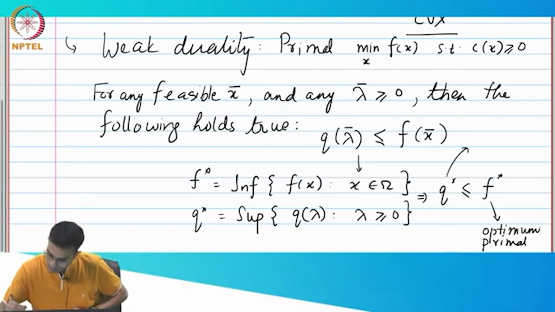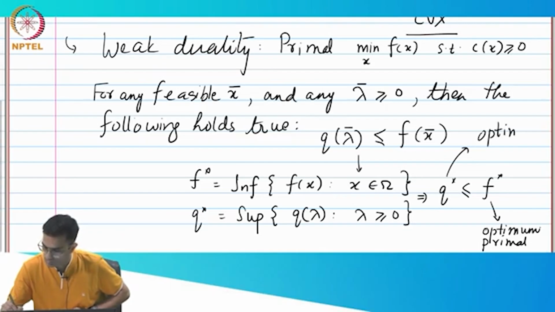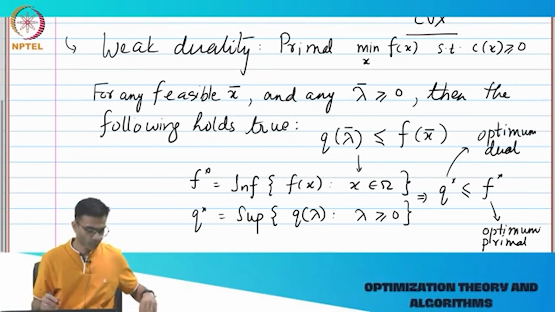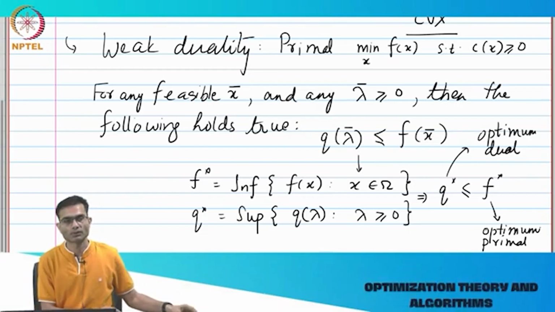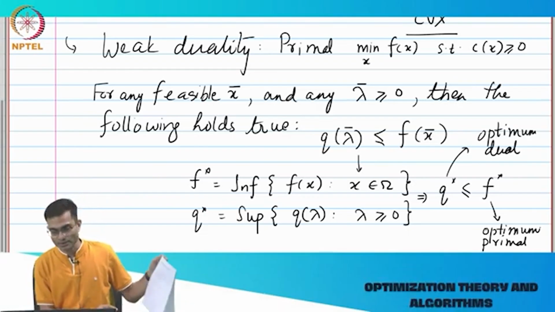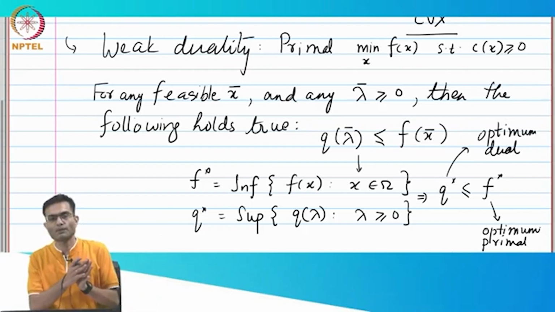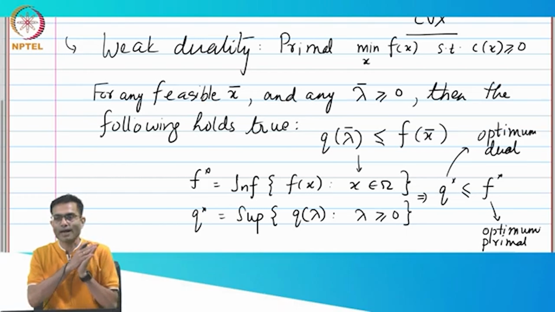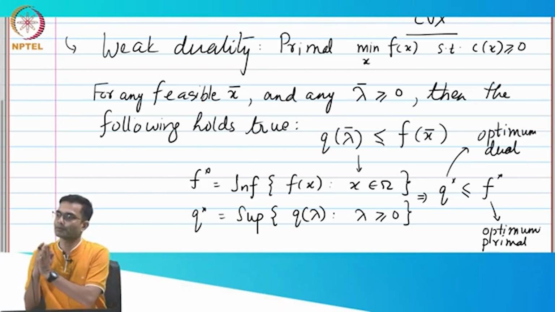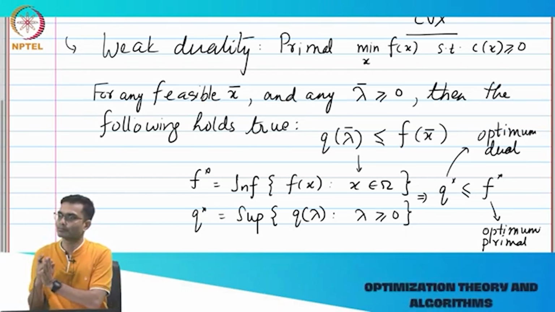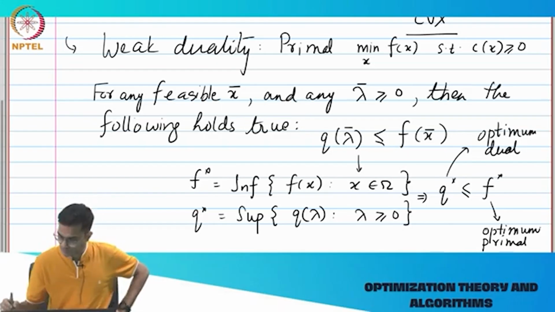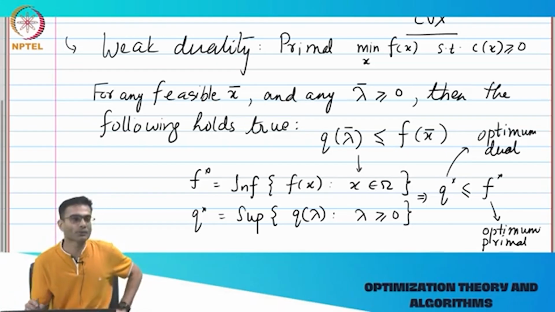It is the optimum of the dual problem. So there is an inequality here: the optimum of the dual problem can at best reach the optimum of the primal problem.